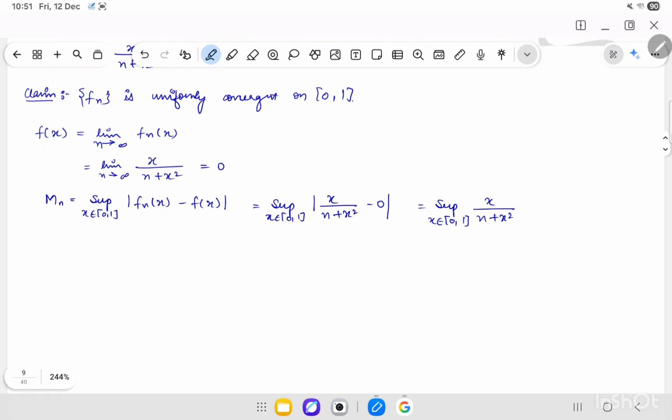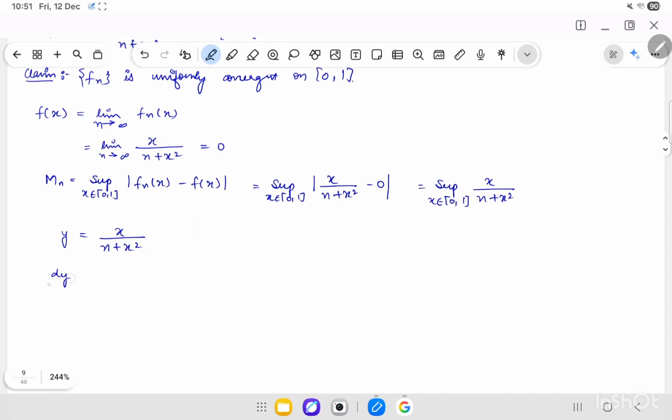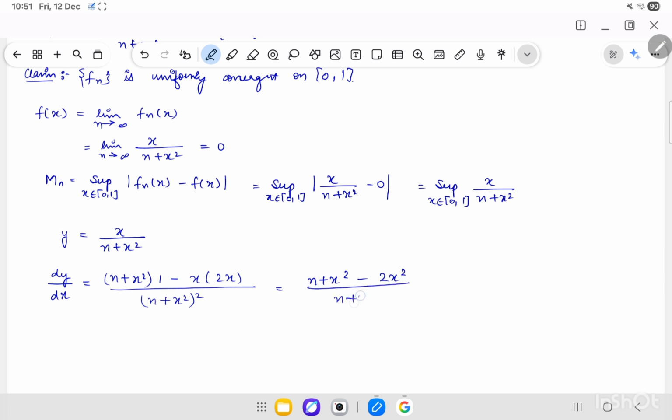So let's name y as x divided by n plus x square. If we evaluate dy by dx, it will be (n plus x square) times 1 minus x times 2x, divided by (n plus x square) whole square. So it will be n plus x square minus 2x square divided by (n plus x square) whole square, which will be n minus x square divided by (n plus x square) whole square.